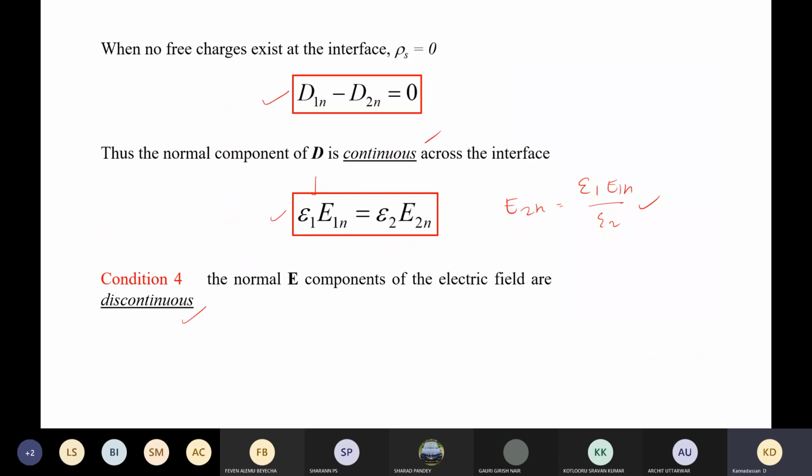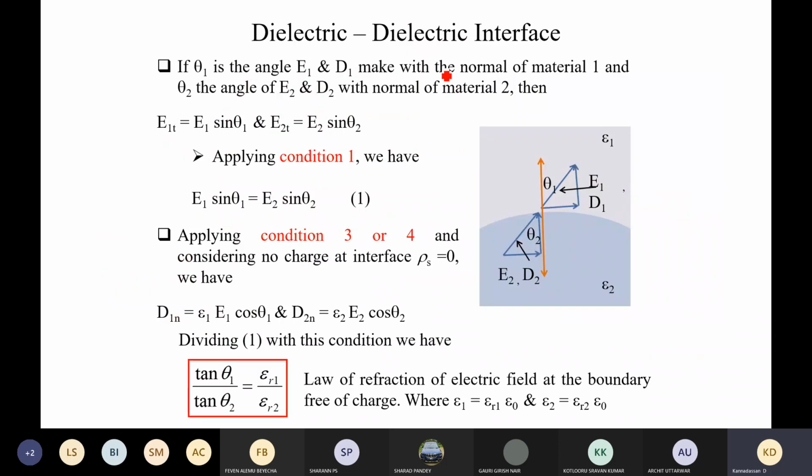So to introduce that, two angles are introduced. One angle describes the electric field E1 with respect to the normal to the boundary. So we have a boundary and we have a normal component, and with respect to that, at this particular point, there is a field traveling. In this medium we have theta 2, and in this medium side we have theta 1.